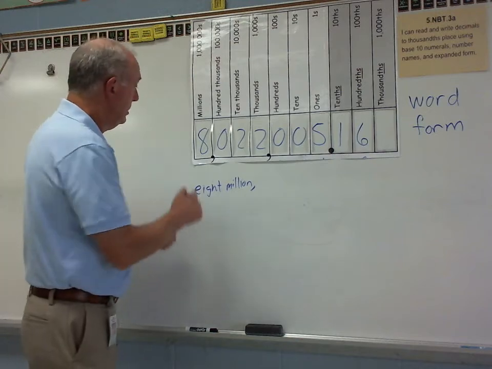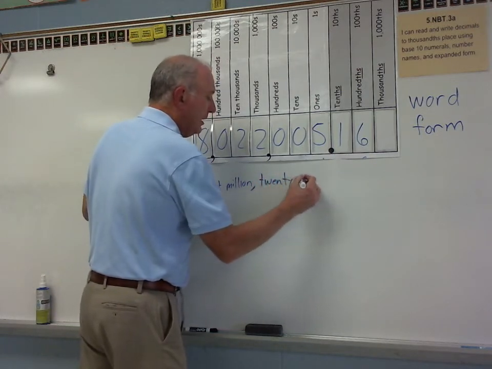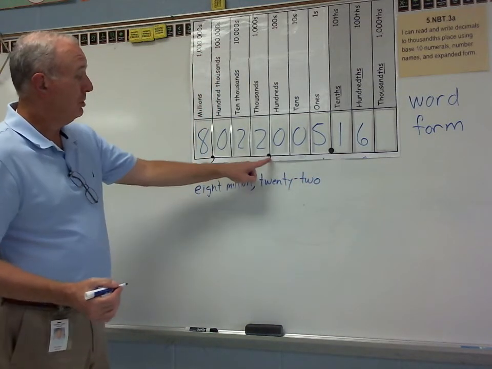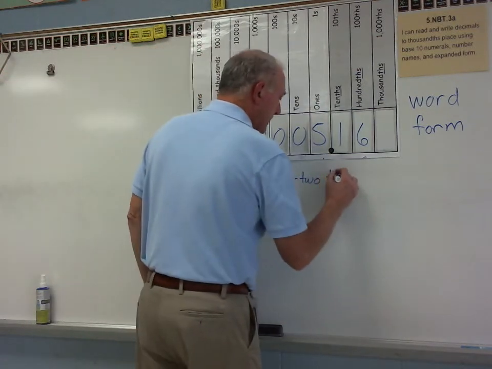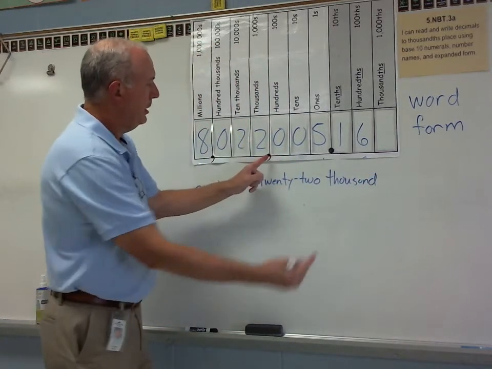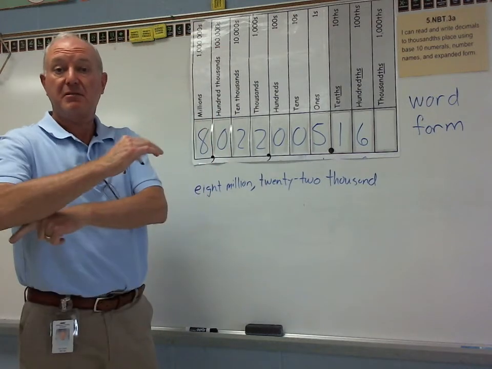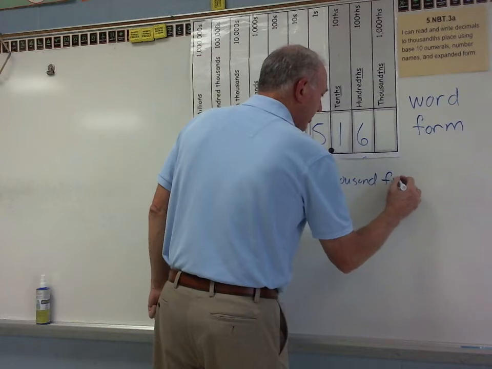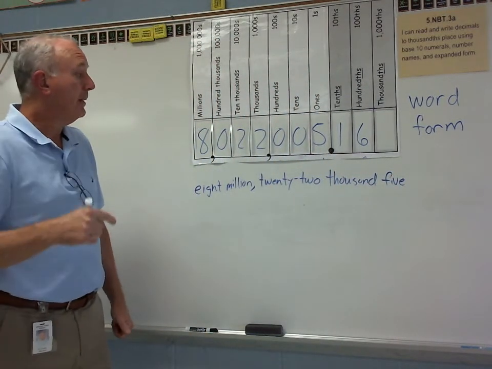It's 22. 22 with a hyphen. 22 what? Name that comma. 1,000. And then name what's in between these two marks like it's one number. 005 is just 5. Again, not 005. It's 5.